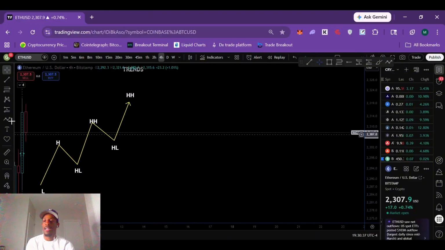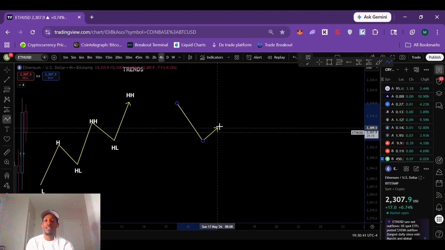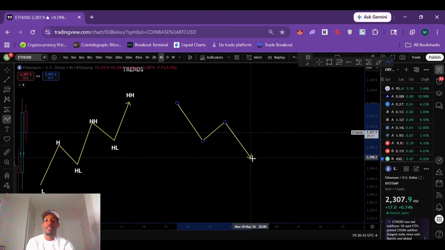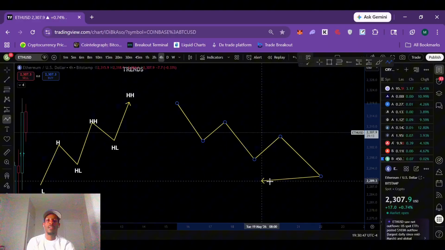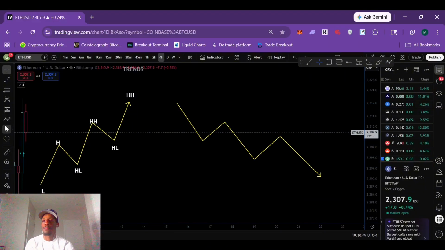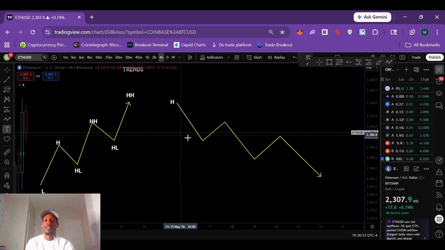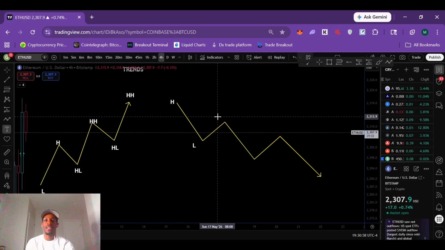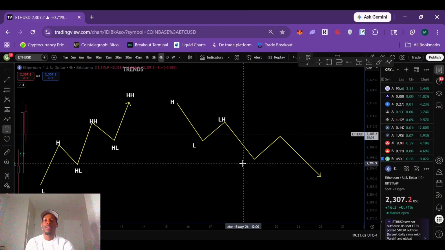All right, now a downtrend is the same thing, but in the opposite direction, right? So now you're going to start off with a high and a low. You would then get your lower high and a lower low.